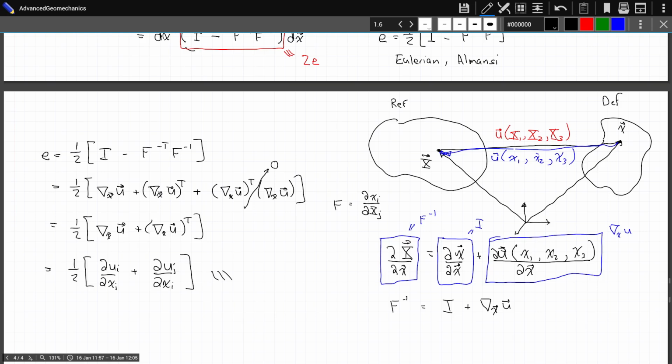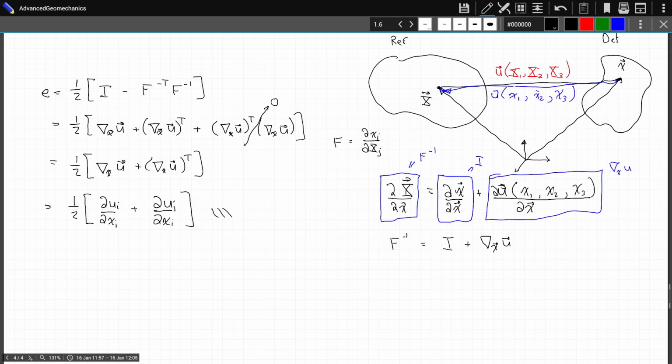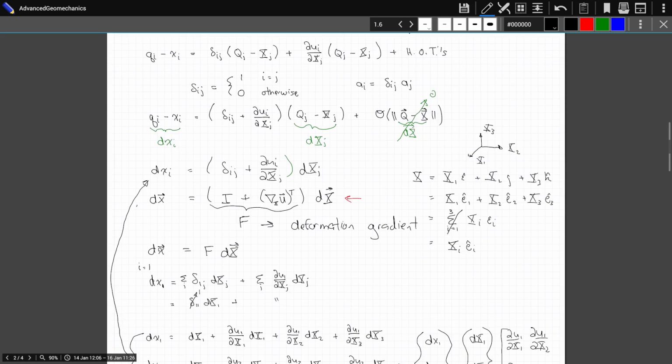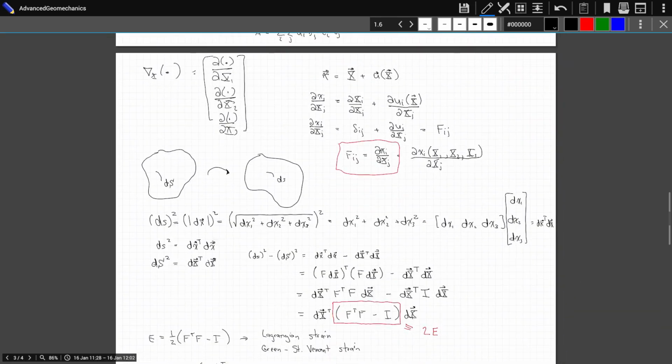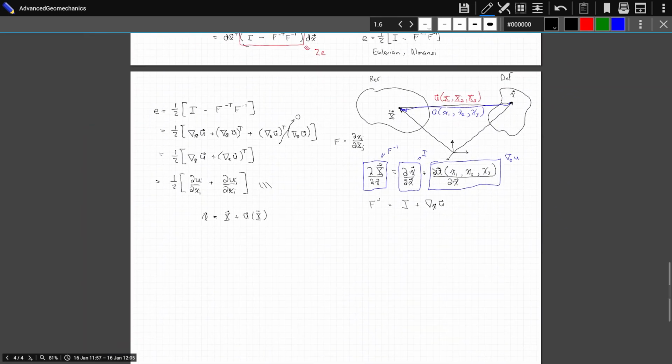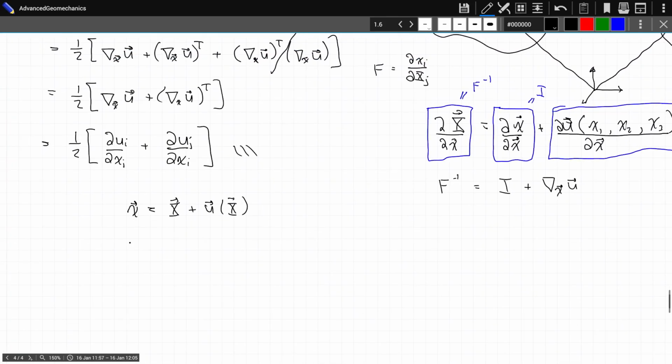Well, essentially what we're saying is that ultimately we have this equation, x is equal to big X plus u of x, right? Well, if u is very small, then essentially we have that little x is equal to big X, right?